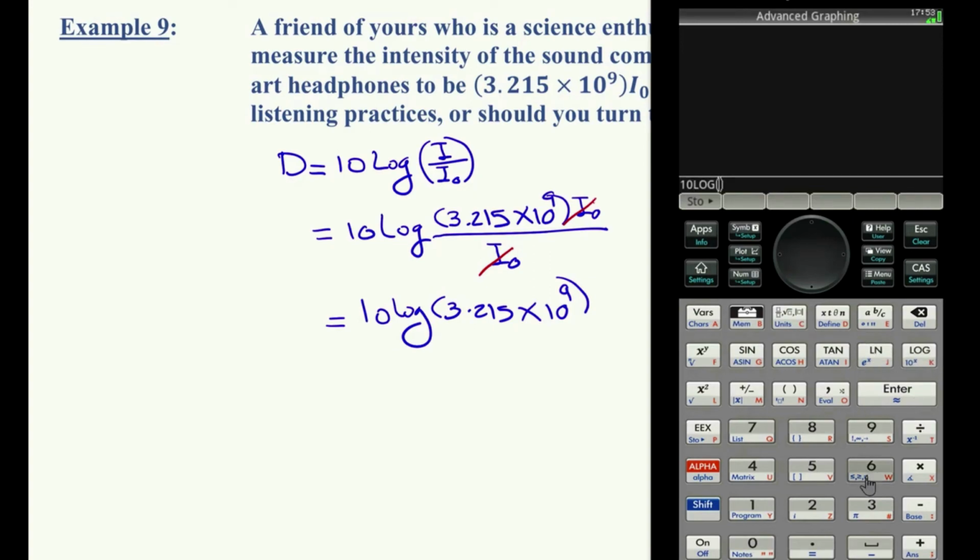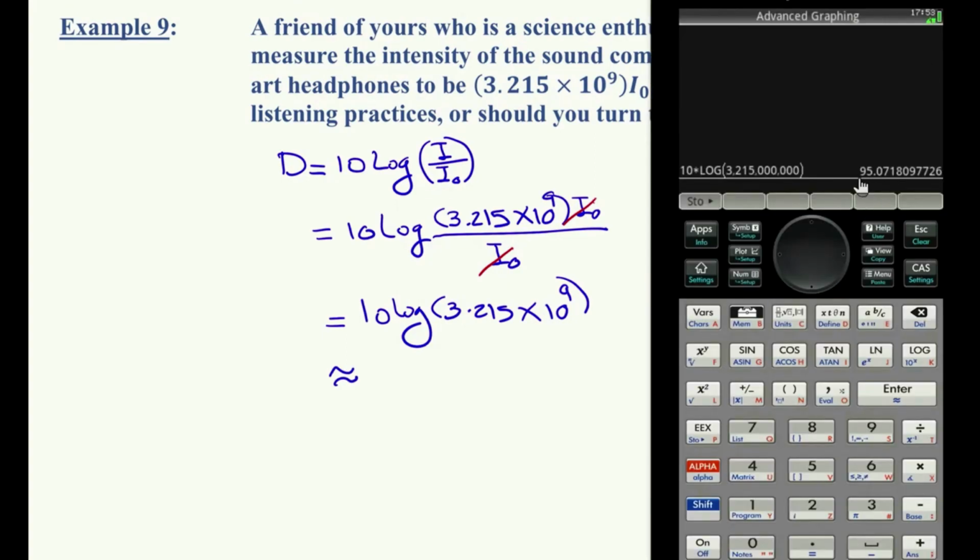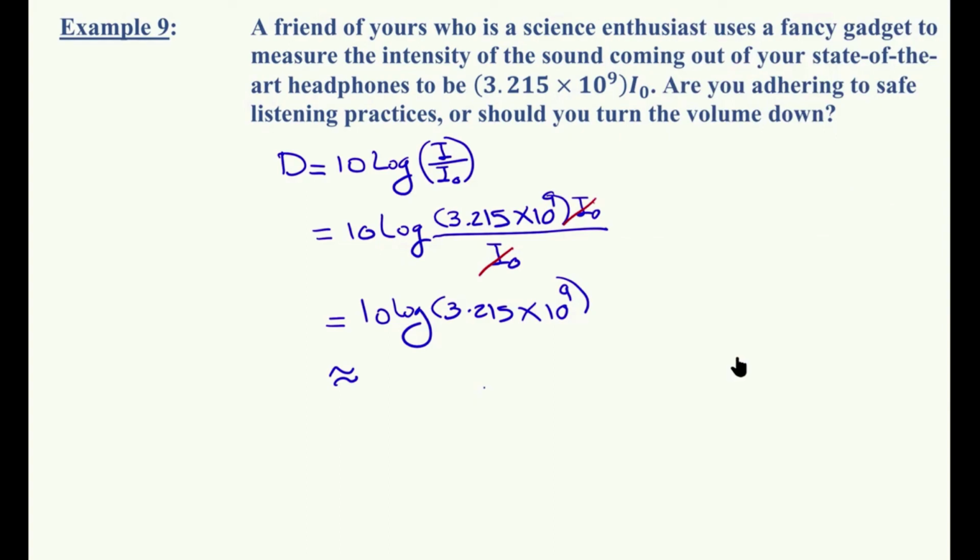So log of 3.215, and we'll utilize this button times 10 to the 9, and hit enter. So the decibel level of the sound coming out of your headphones, to the nearest whole number, is around 95.